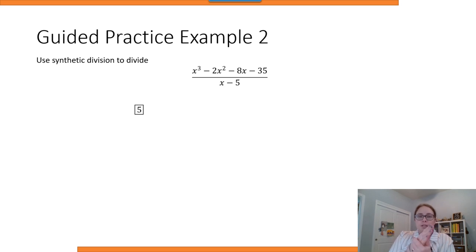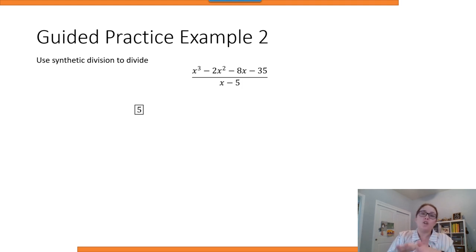And now I'm going to look at the numerator, my dividend, and I'm going to pull out all of the coefficients from all the terms. You'll notice it's x cubed and then x squared and then x to the first and then a constant. If you have any powers of x that are skipped, then you need a 0 for the coefficient for that one.